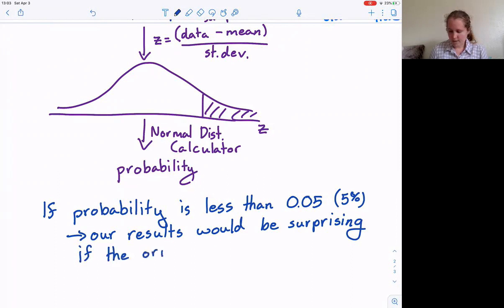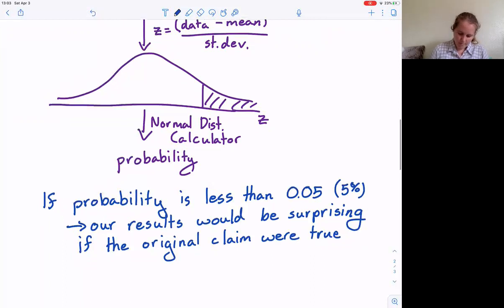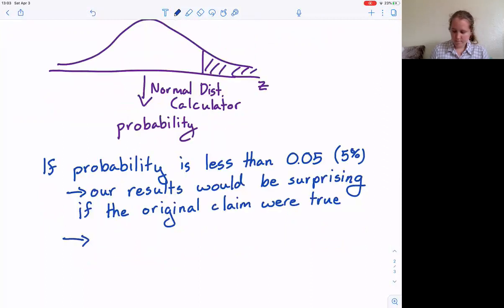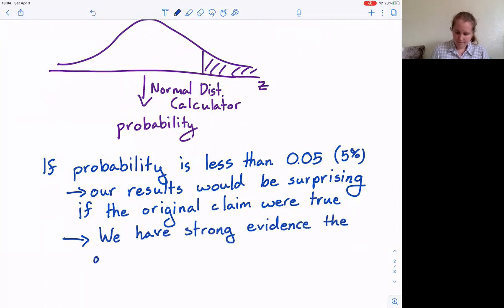And so this would make us think that the original claim might be false. So then from here, we have strong evidence the original claim was wrong.